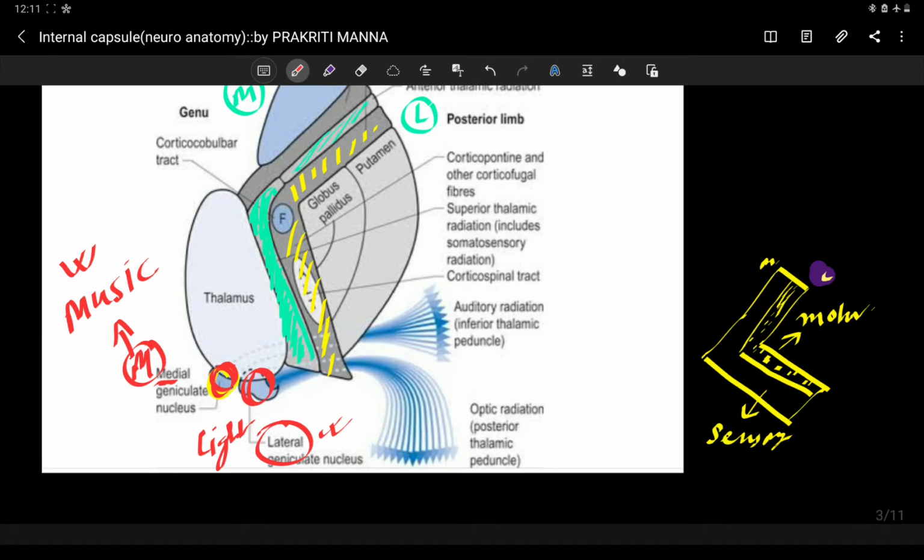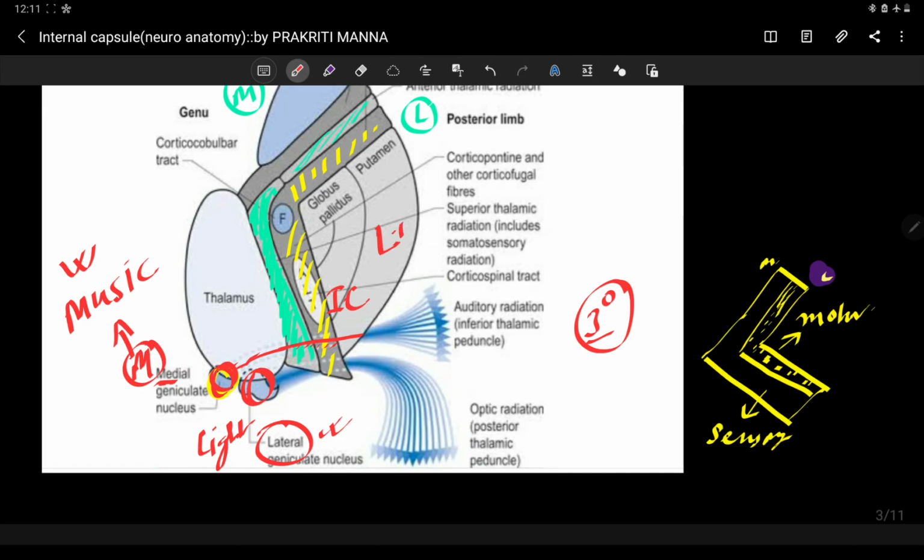All right. So the sensory fibers, third order sensory fibers, they are coming from the medial geniculate body. And then they are passing below the internal capsule, below the lentiform nucleus.